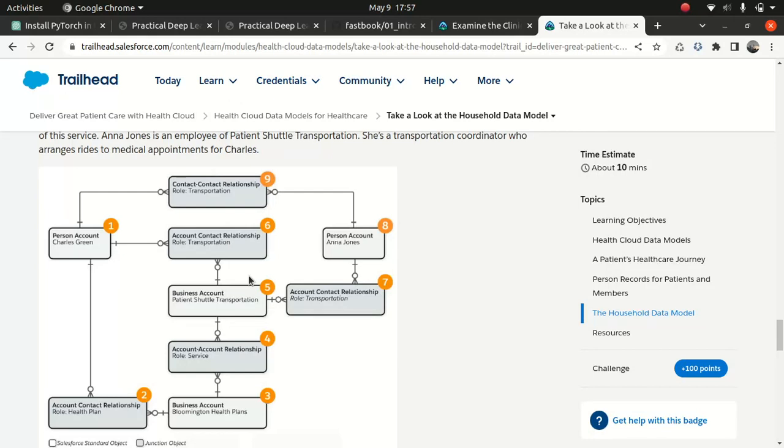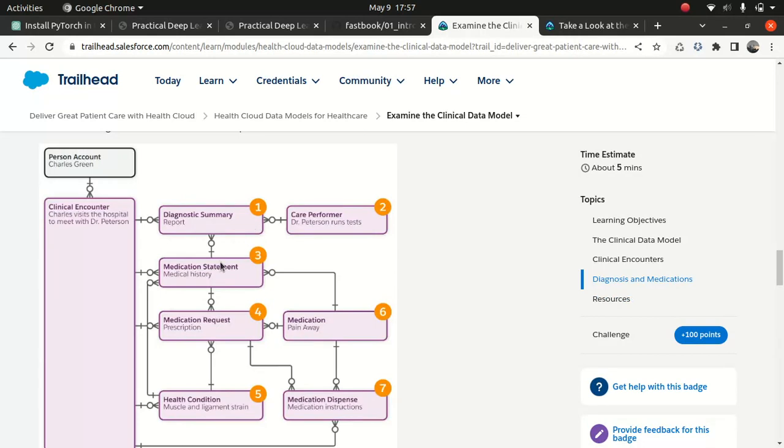Now, the things which get exciting and interesting are when Charles interacts with a health provider. That's where the Health Cloud object comes into the picture.